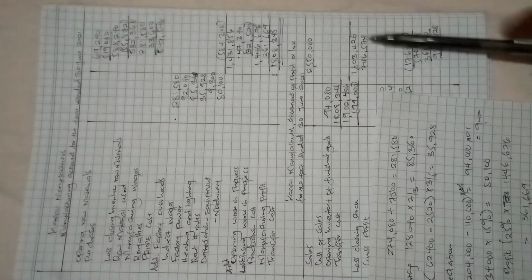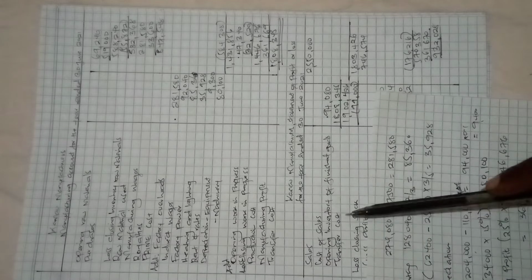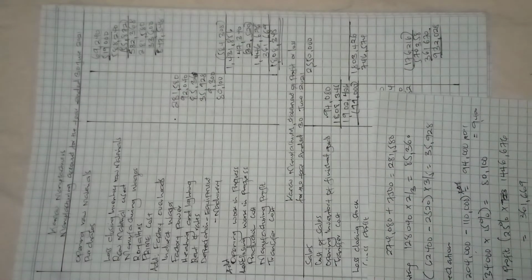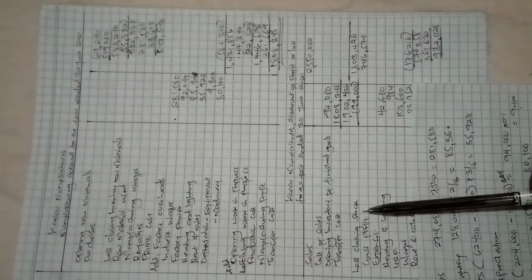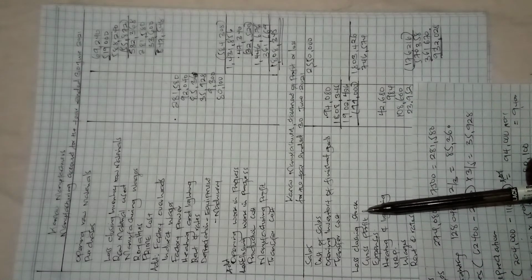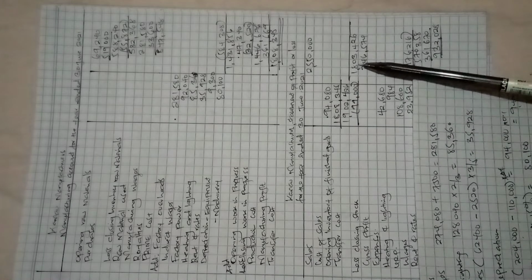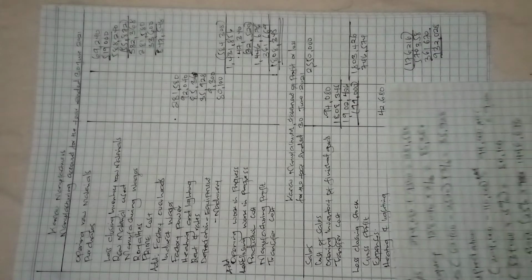But remember, this transfer cost has some element of manufacturing profit, but not all goods were sold. Because if you transferred at this, we need to get the unrealized profit. Unrealized profit, you have it here.